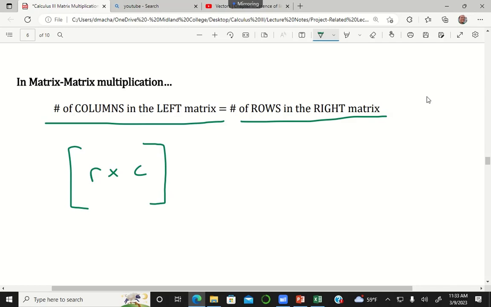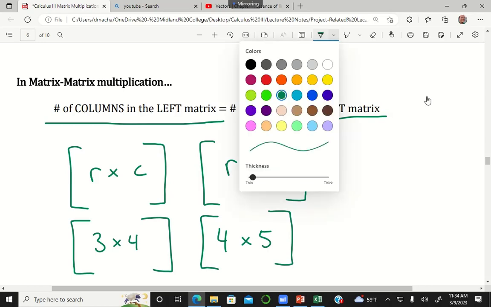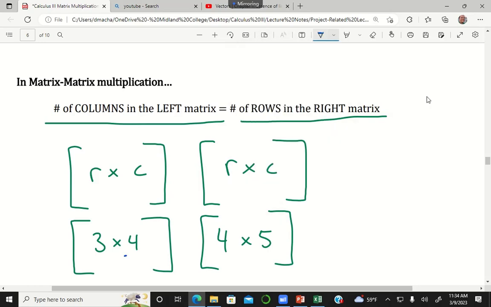Say it's a 3 by 4 matrix or whatever. And I have a right matrix which has rows times columns, so maybe this matrix is 3 by 4, and this matrix is 4 by 5. I have to have the columns on the left match the rows on the right. That just means these inner 2 numbers have to be equal to each other, right? Columns on the left have to match rows on the right.